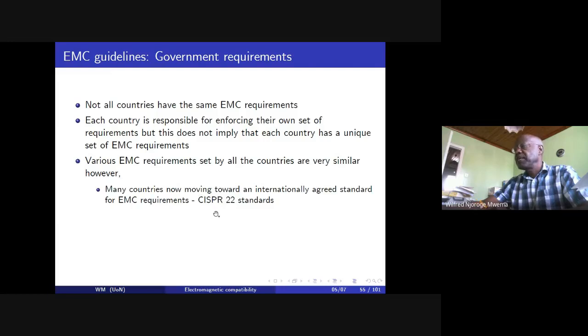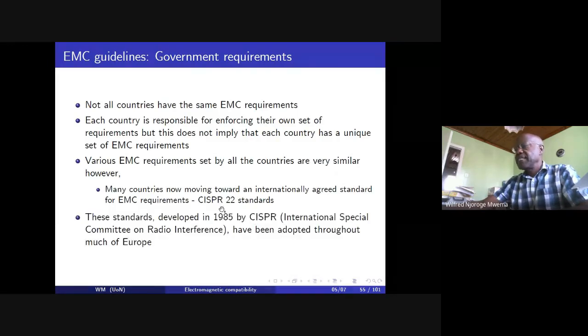This is a French word, so I'm not going to pretend to give the actual meaning, but it's a Comité International du Système something, standard something. Okay. These standards were developed in 1985 by CISPR, or the International Special Committee on Radio Interference, and have been adopted throughout.